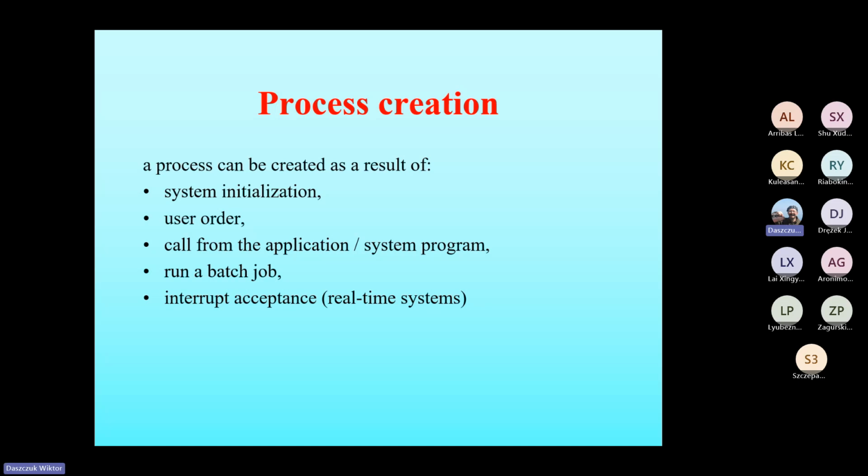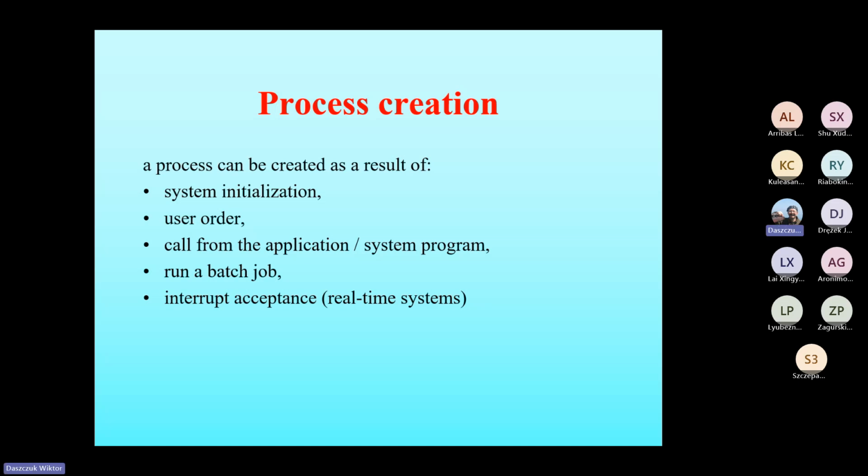On user order, when we, for example, type the name of the file and press enter, the operating system loads a program from this file and starts a process to execute this program. On a call from the application, a program can run another program. For example, in Linux, we have the shell, which is a program, because in Linux we don't have any built-in command interpreter. And each program runs other programs.